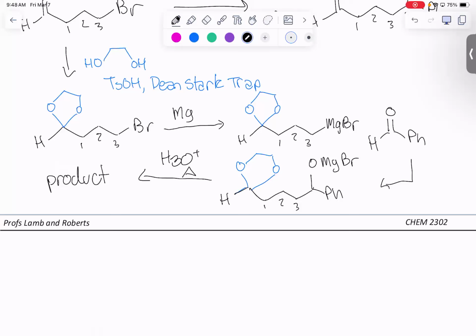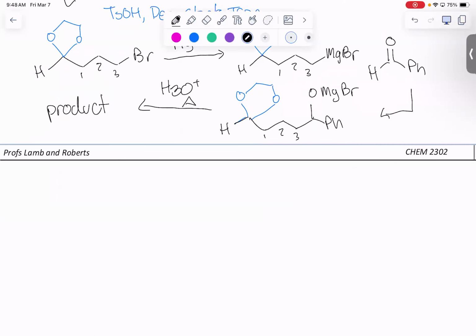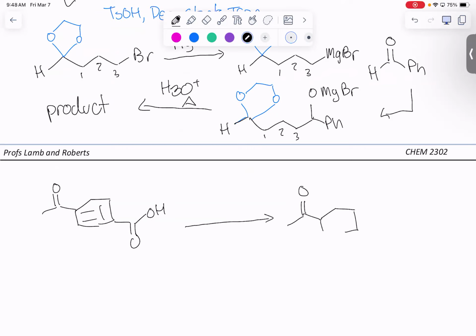Let's identify other functional groups we could potentially want to protect. Okay, so here we have a ketone and a carboxylic acid on this molecule. Right? And we want to turn this into an alcohol from our carboxylic acid. We basically removed this oxygen at this position. No adding carbons, nothing. We just removed oxygen.